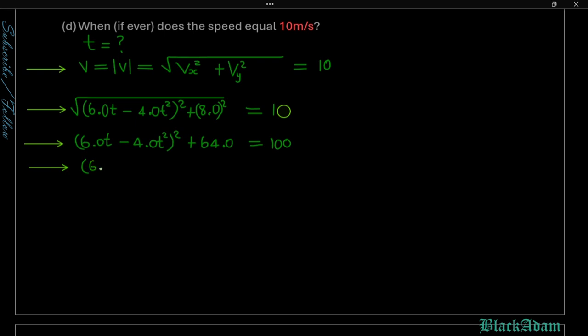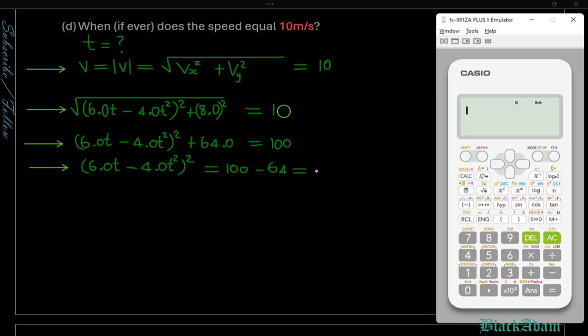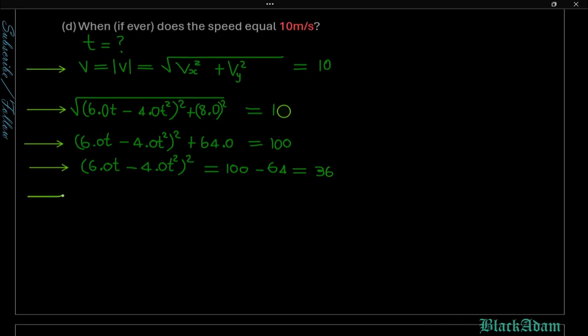So now 6.0t minus 4.0t squared squared is going to be 100 minus 64, which gives us 36.